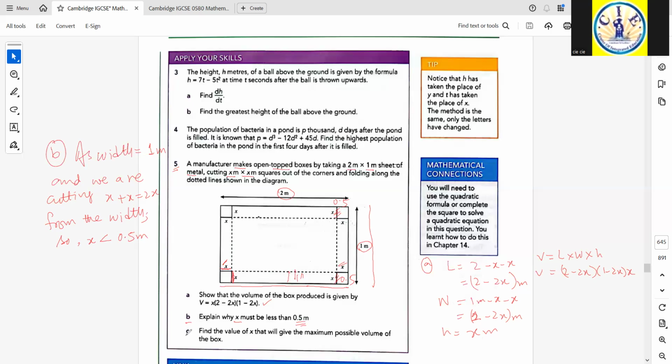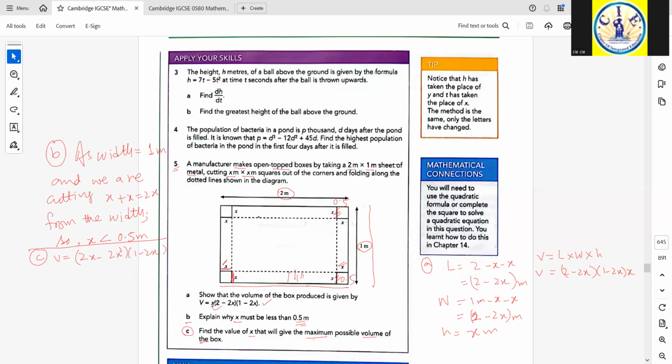Now for part C, find the value of x that will give the maximum possible volume of the box. For that, we can first simplify this volume expression to x times (2 minus 2x) times (1 minus 2x).